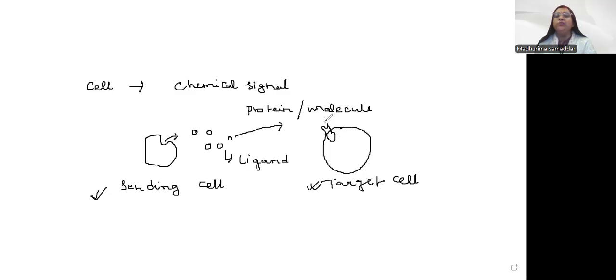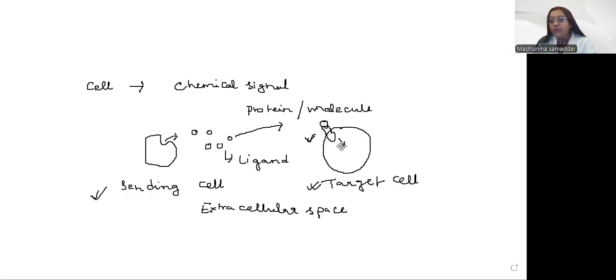So the ligand will go and bind to the receptor present in the target cell. It goes through the extracellular space, that is the space between the cells.